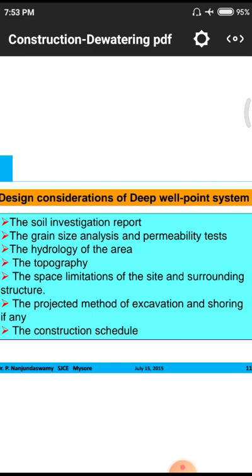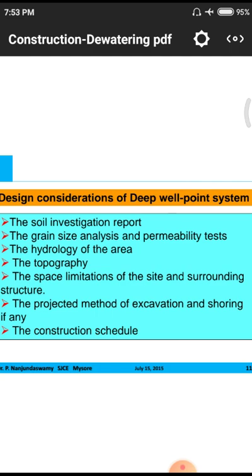Next one is the projected method of excavation and shoring, if any. Projected method of excavation means that for every structure we need to construct the basement in the form of a foundation, and to construct a foundation we need to do some earthwork. To do this earthwork we need to dig a part of the land with mechanical equipment.